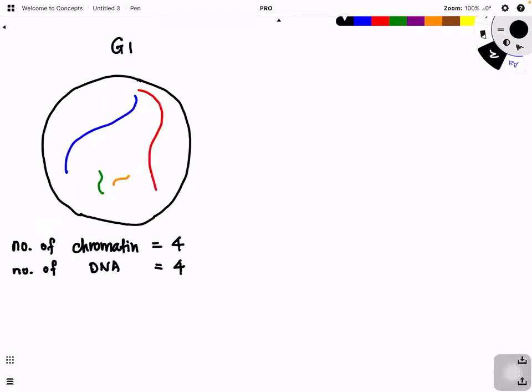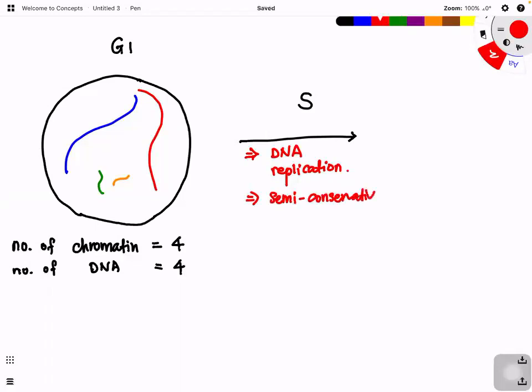Okay, so after S phase, what actually happened? What are the events that take place during S phase? DNA replication takes place. So what you're going to see here is that from one blue chromatid, you're going to get the second blue chromatid, because DNA replicates semi-conservatively.